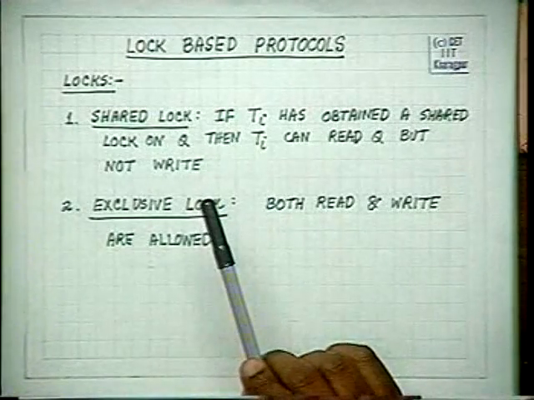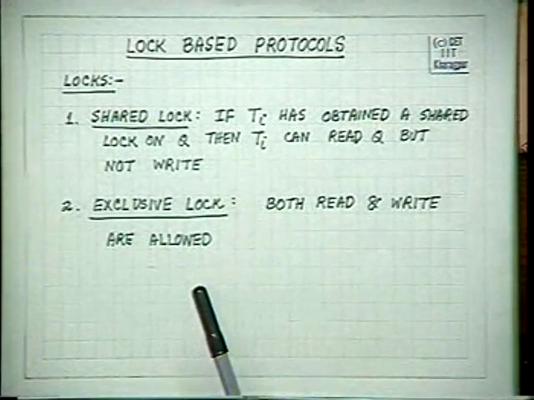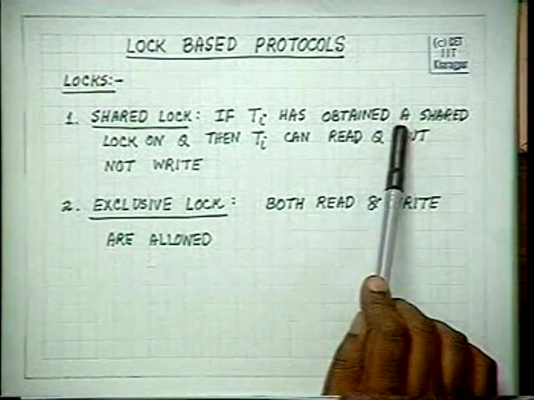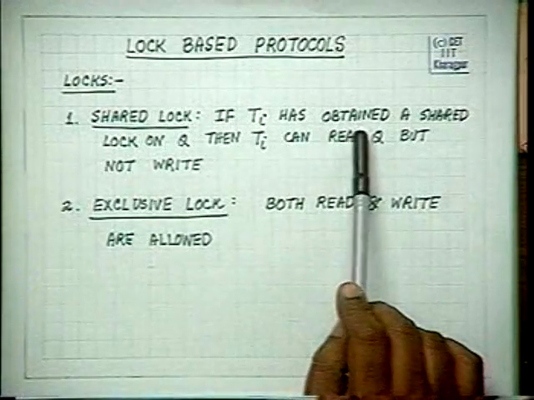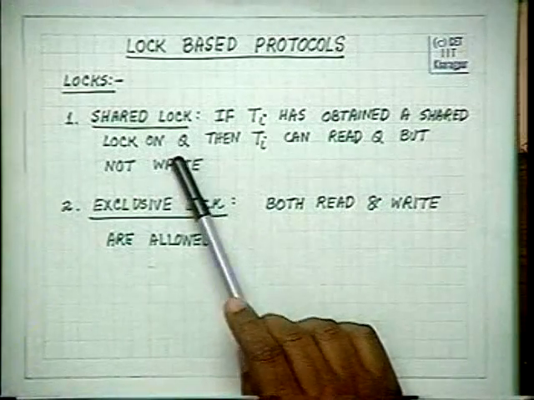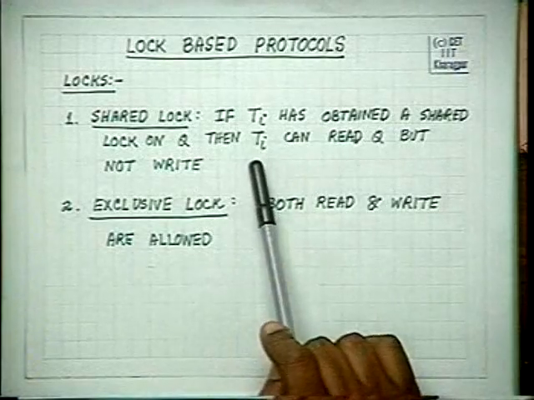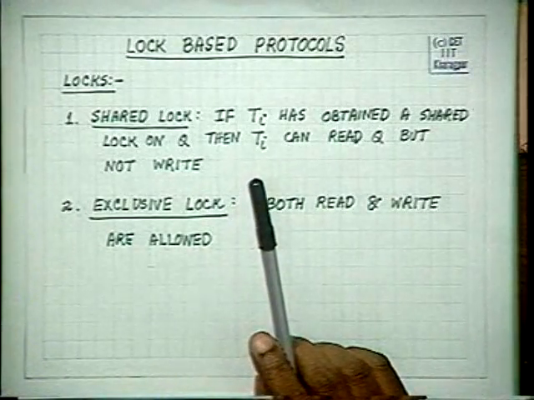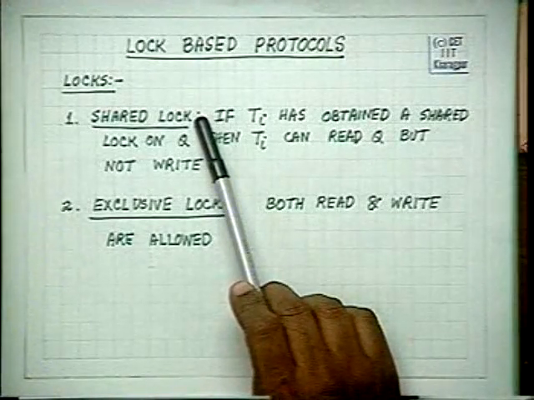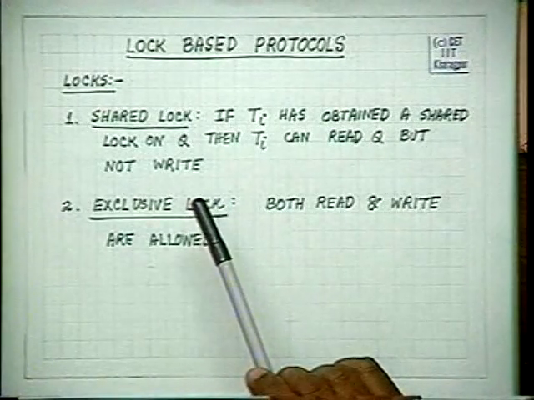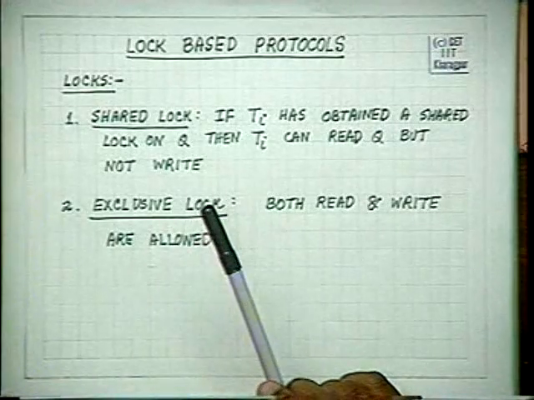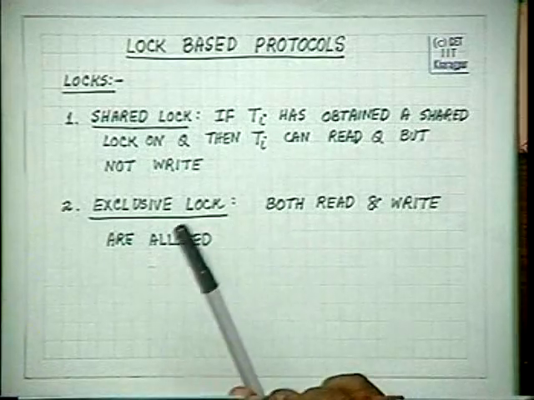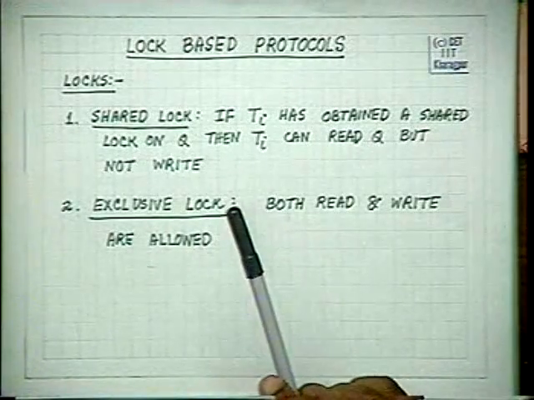If a transaction Ti has acquired a shared lock on a data item Q, then Ti can only read Q but not write Q. Shared lock means more than one transaction can read that data item simultaneously, but nobody can write that data item.